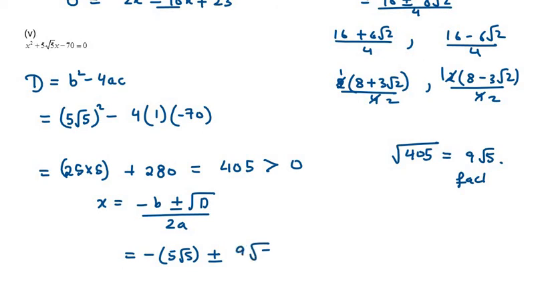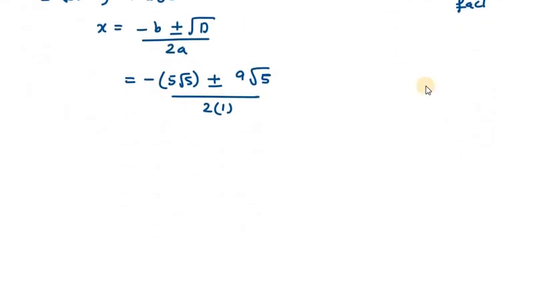So I can write here 9 under root 5 over 2a. A in this case is 1. So again we have two values, that is minus 5 under root 5 plus 9 under root 5 over 2.